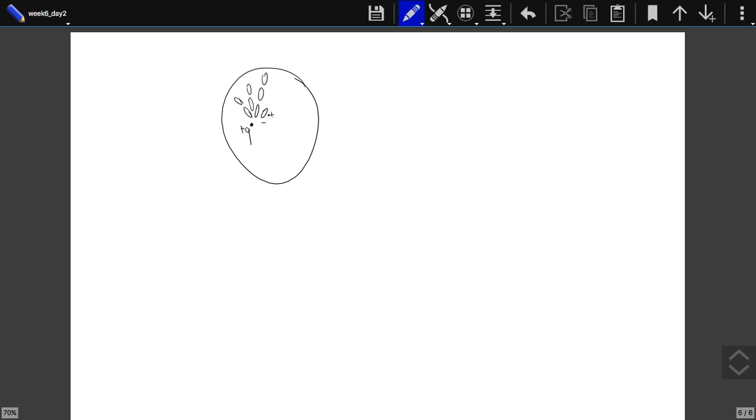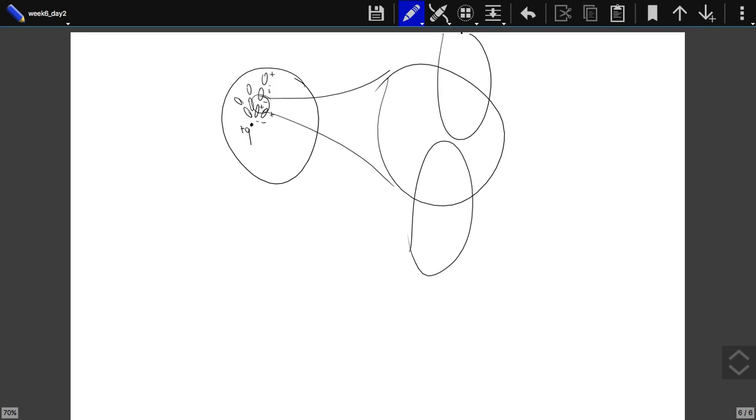Negative charges are close, positive charges are further away. Negative, positive, negative, positive. So let me enlarge our section. So here we have a dipole, here we have another dipole, and this side is slightly more positive.